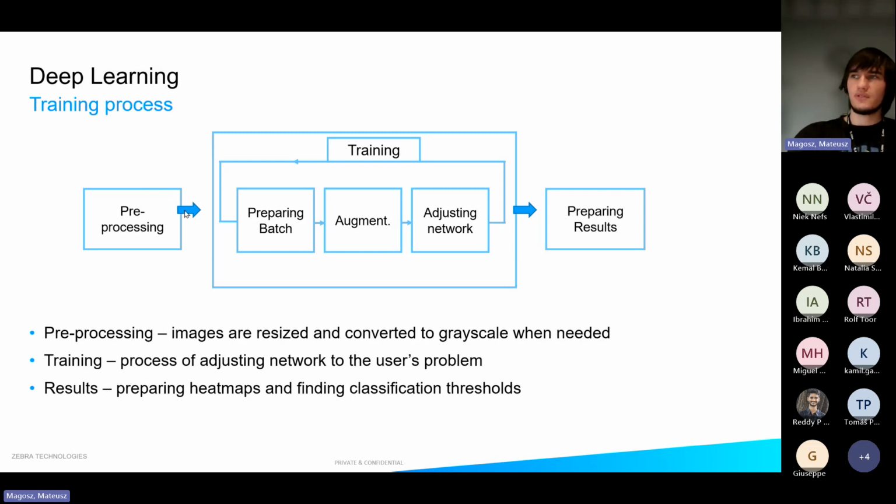And after the pre-processing is used on all the images, you go into the training process, which is preparing batches, using augmentations if you've set any, adjusting the network, and going in a loop once again and once again. And after finishing, it will prepare the results. And depending on the model, you will see heat maps, classes, just true or false, or a score. It depends on what tool you will use.